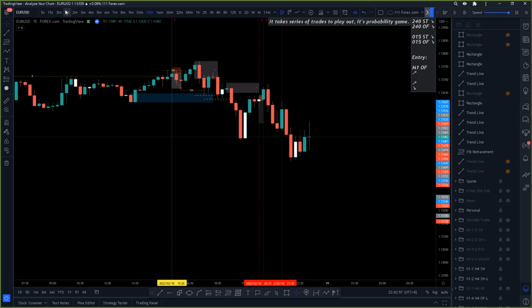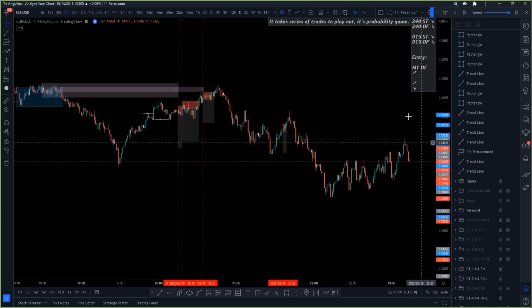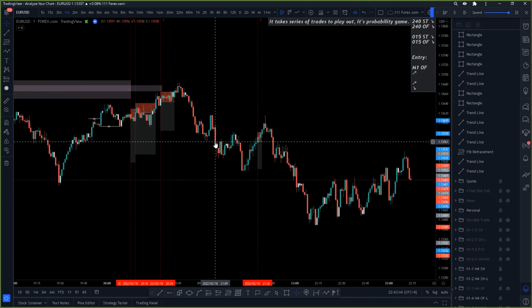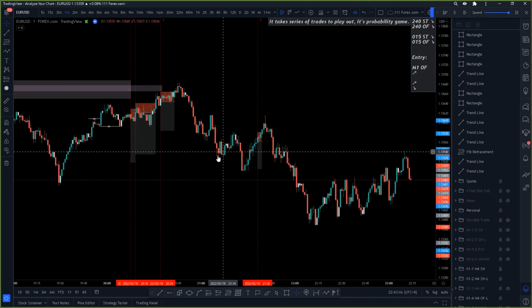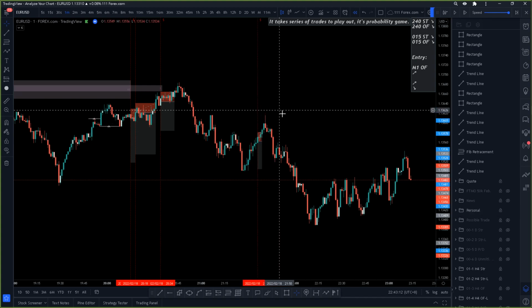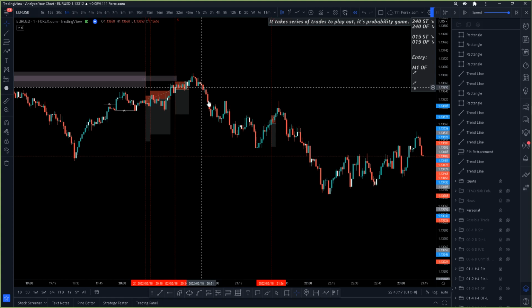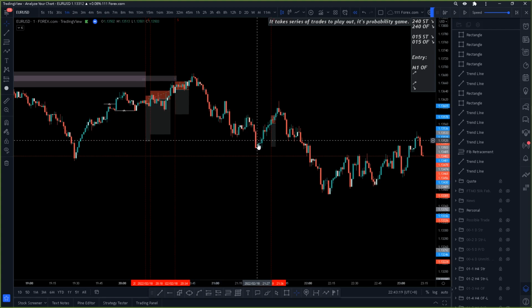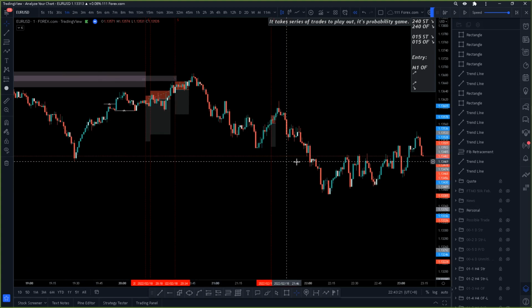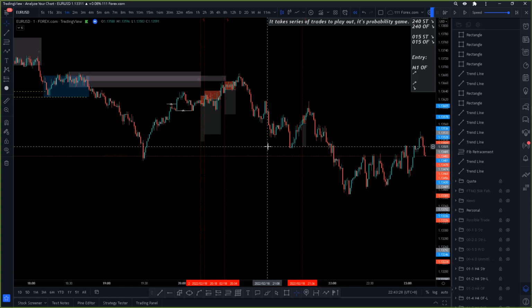Low was there, and I'm not really sure why it tapped here and made a pullback there, because in theory it should follow the M1 order flow till we took the low, but things will happen like this.